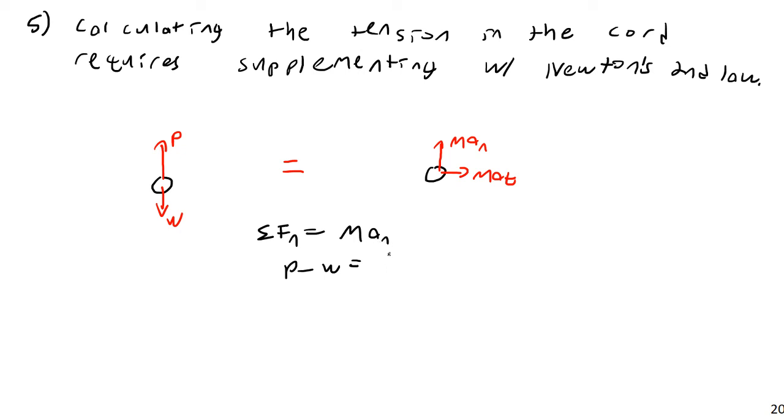If I replaced m with W over g, times V2 squared over L, this V2 squared over L is coming from the centripetal acceleration being equal to the velocity squared over the radius. What we saw previously was a n equals the tangential velocity squared over rho, but I'm just using the appropriate variables from our example here.